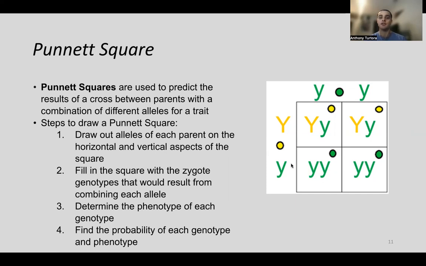Now the probability of each genotype: the probability of the heterozygote is 50%, the probability of the recessive homozygote is 50% as well, and the probability of each phenotype is also 50% for yellow, 50% for green.